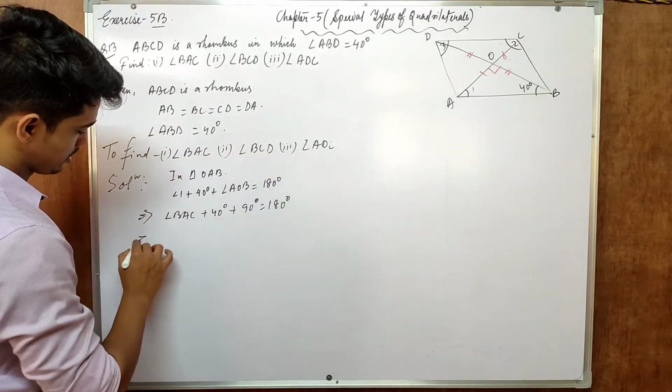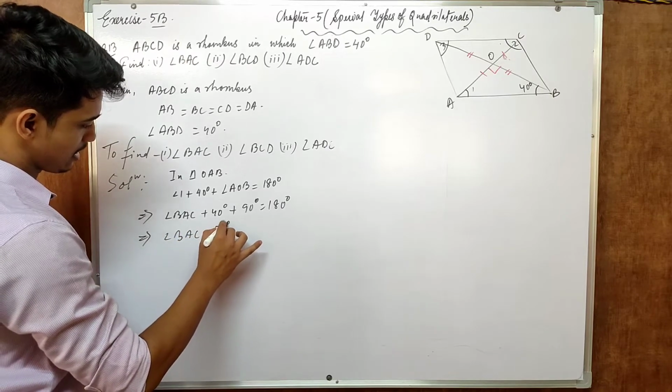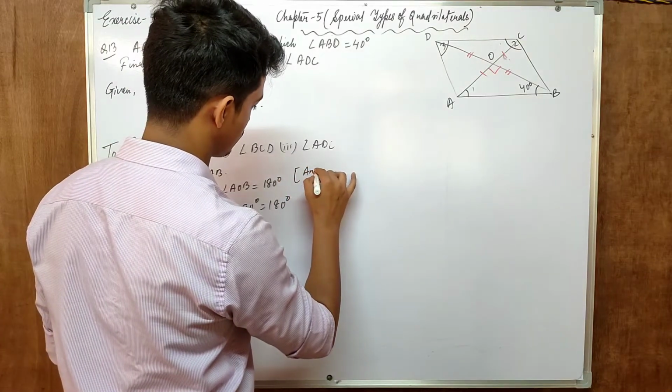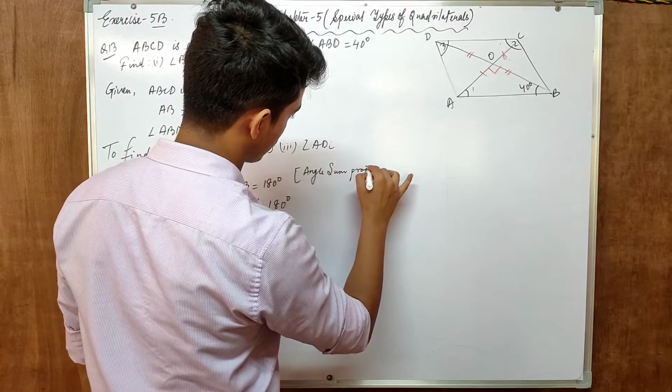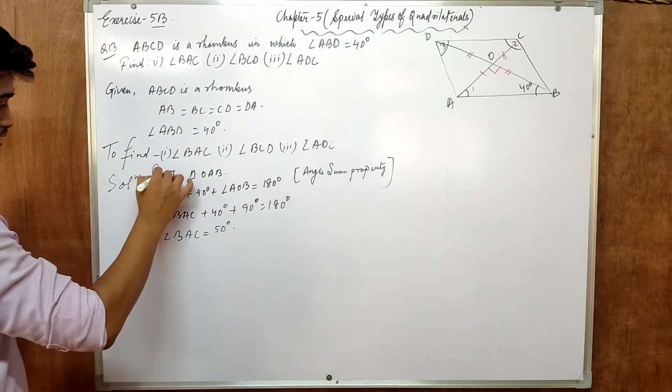Simple. So angle BAC equal to 50 degree, as simple as that, right? And the criteria is the angle sum property. Make sure you do write down the reasoning. Without reasoning, marks will be deducted for sure, right? So this is the first question done.